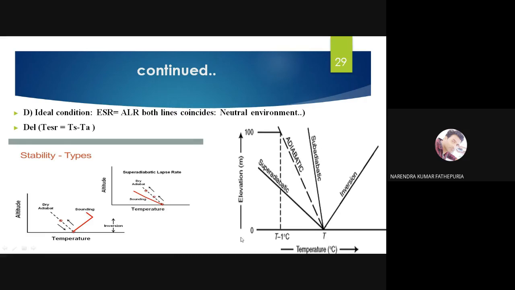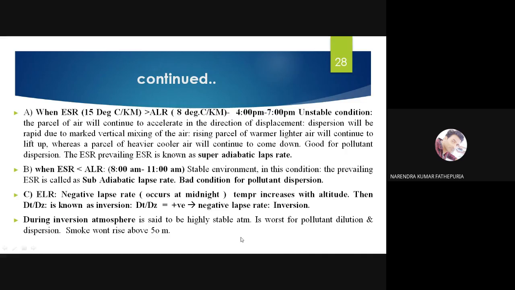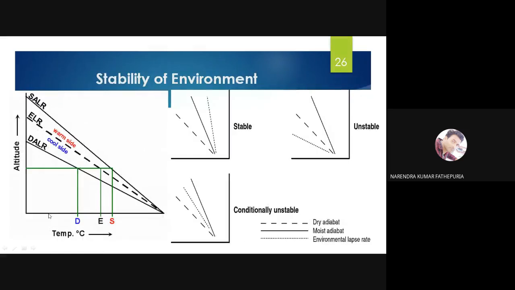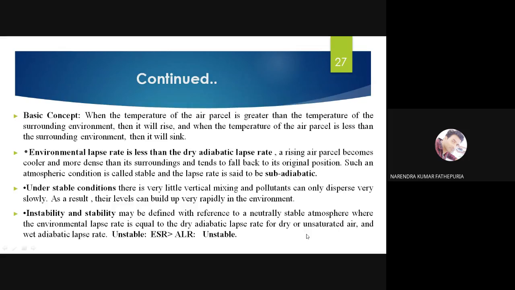From all three conditions, adiabatic lapse rate, ELR, and this is the ideal condition. So all three types of conditions are happening here. So this is stable, unstable, and this is conditionally unstable. And we can say the neutral.